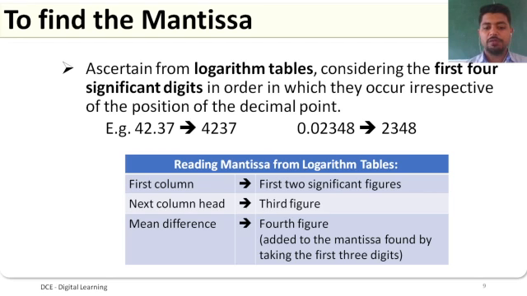The third figure or third digit is found in the next columns headed by numbers 0 to 9, and lastly the fourth figure or the fourth digit is to be located from the mean difference column headed by 1 to 9 columns.